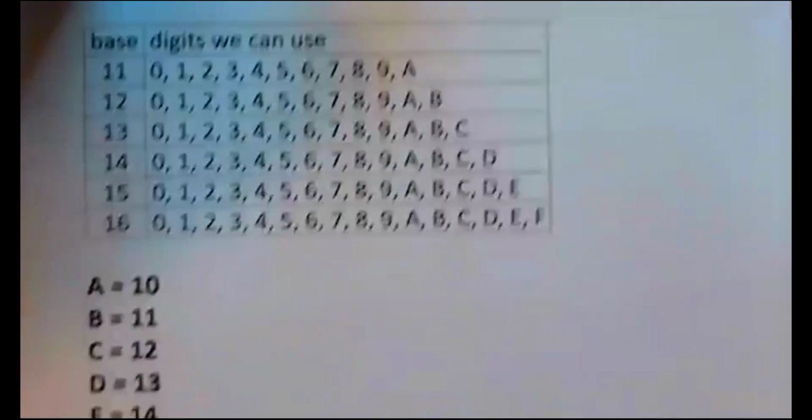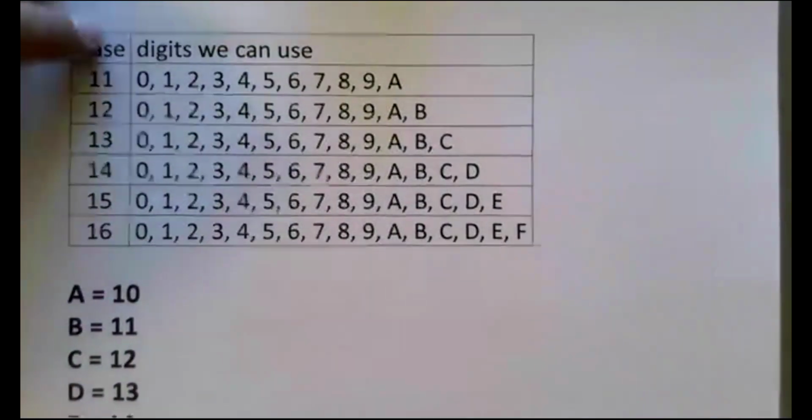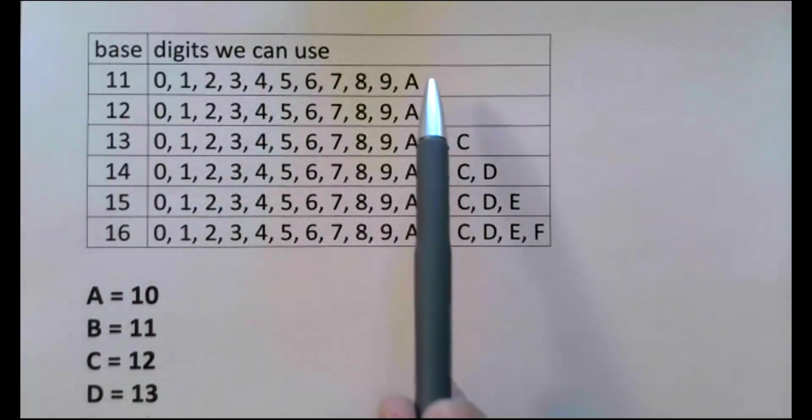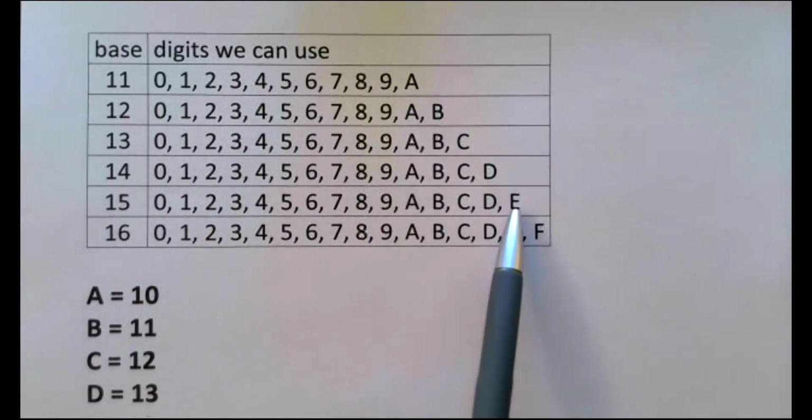And then also that table continues, and we did see this last time also, that when we get past base 10, like 11 or higher, sometimes we actually use letters. These letters represent 10, 11, 12, 13, 14, 15.